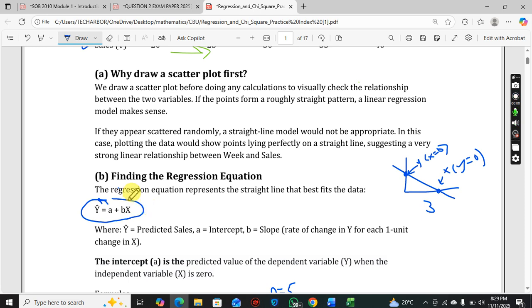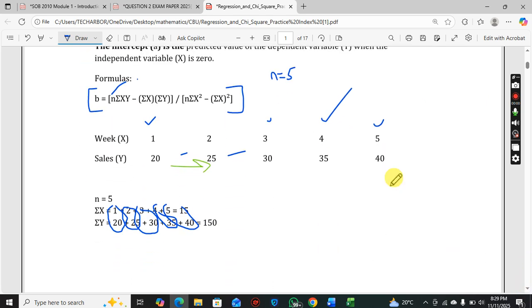So we're now calculating our slope using this formula here. N represents the number of data values, so it is 5. We counted 1, 2, 3, 4, 5. Or maybe I can say the number of rows or columns. There are 5.